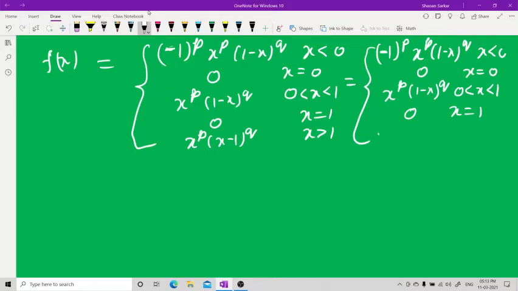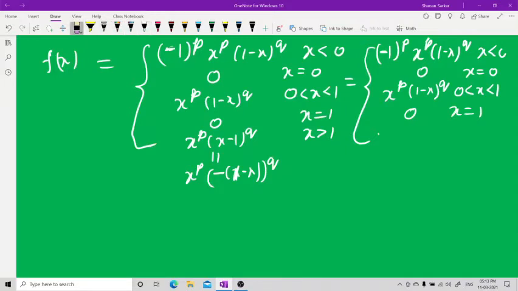So what I'm doing is writing this as x^p times (-(1 - x))^q. I can write this, no problem. Take the minus out from within.